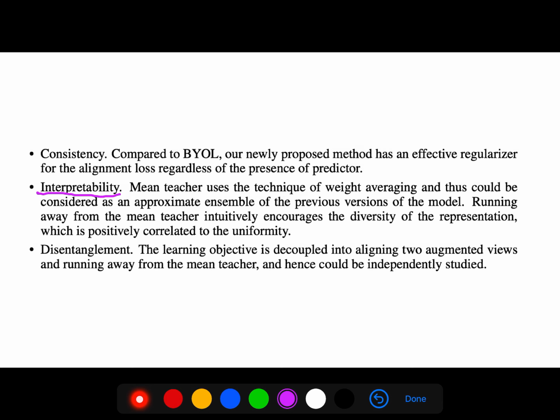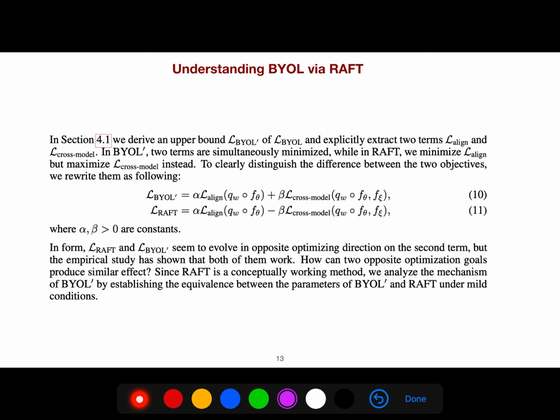Running away from the mean teacher intuitively encourages the diversity of the representation, which is positively correlated to the uniformity. And then finally, we have disentanglement. The learning objective is decoupled into aligning two augmented views and running away from the mean teacher, and hence could be independently studied. We derive the upper bound of BYOL prime and BYOL and explicitly extract two terms.